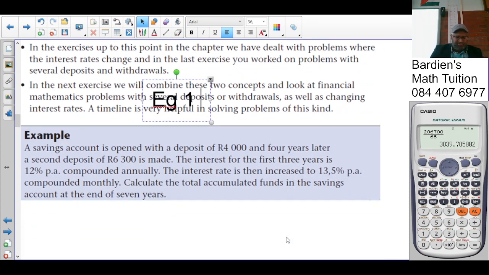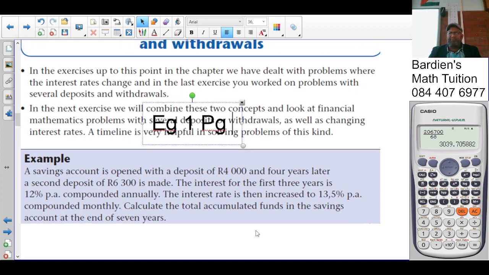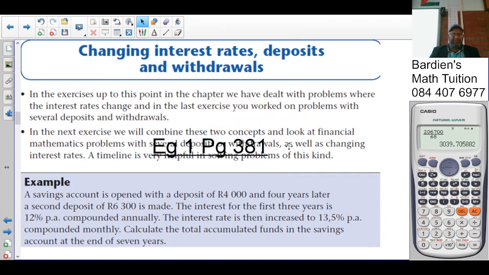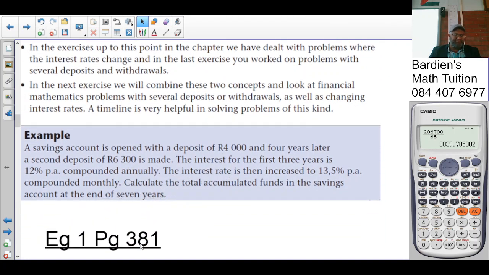So this is example 1 on page 381. Okay, so here we are told in the exercises up to this point in the chapter we have dealt with problems where the interest rate changes, and in the last exercise you worked on problems with several deposits and withdrawals, so money being added to the account as well as money taken out.